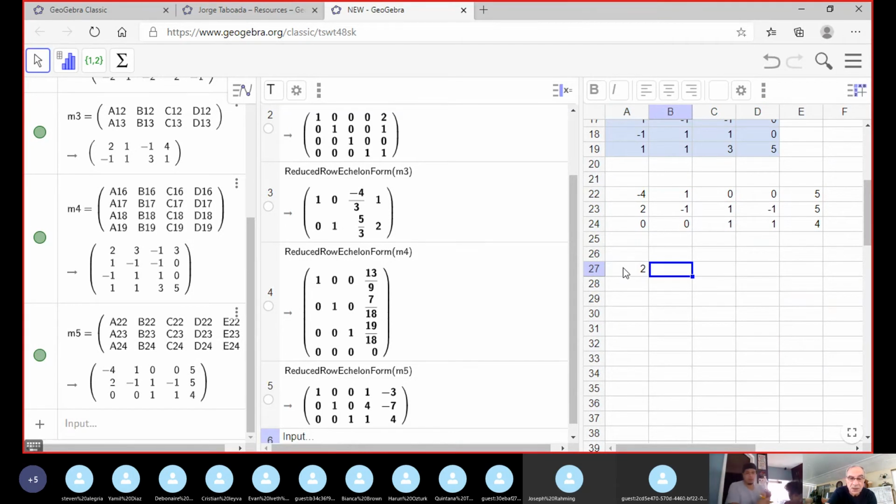Can a student help me in this job? Because it's complicated for me. 2, negative 2, 2, and 2. Wait. 2, negative 2, and negative 2 again, or 2? No, 2, 2. Are you sure? Yes, sir. No, it's negative 2, 2. Oh. Then I wrote it wrong. It goes 2, negative 2, 2, 2. Sorry. No, it's okay.